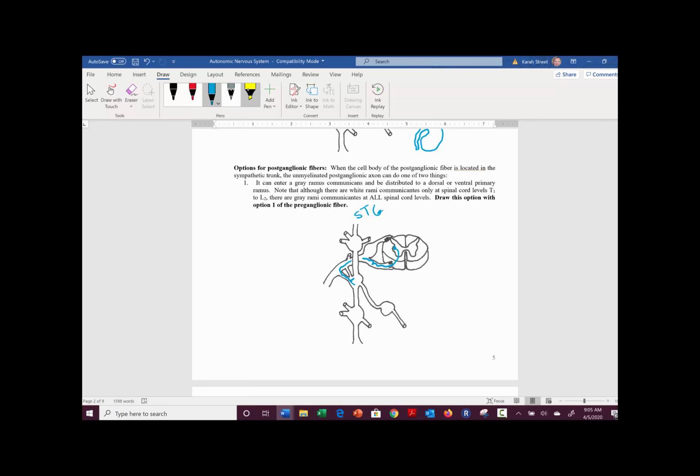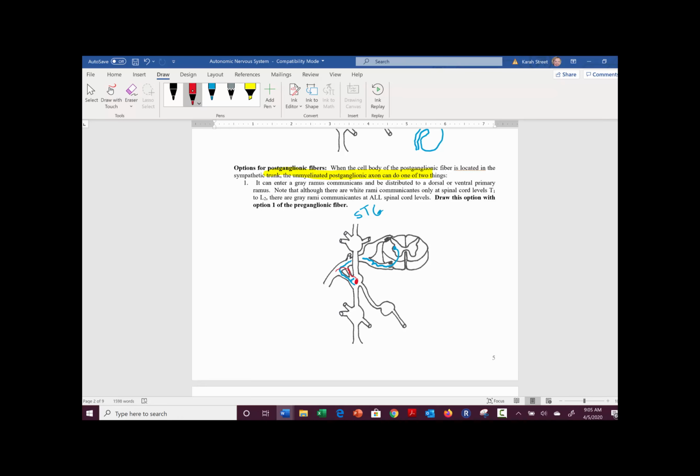But now we're entertaining the postganglionic fibers. And what they do is they can exit. So here's the cell body of the postganglionic neuron. Its axon is not myelinated, so it goes through the outgoing gray ramus, because that means it's not myelinated.